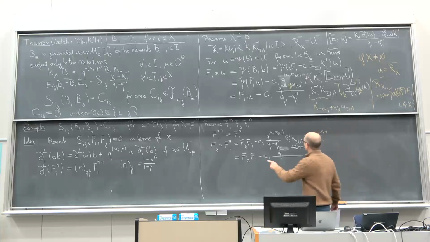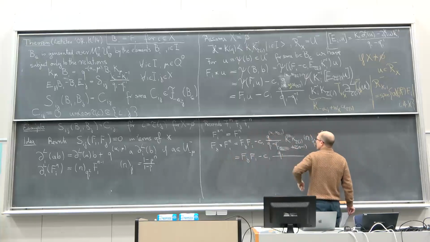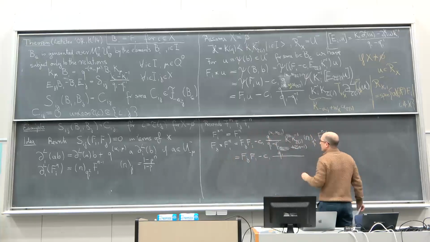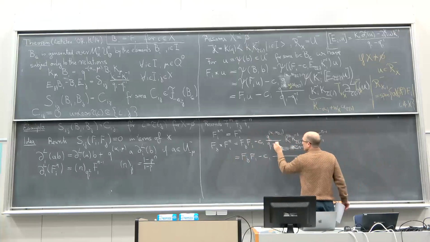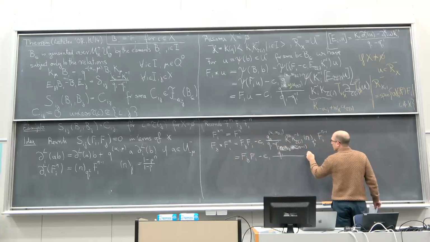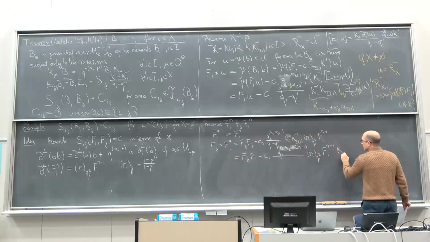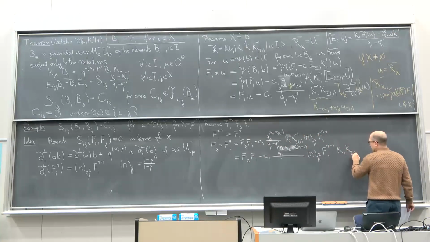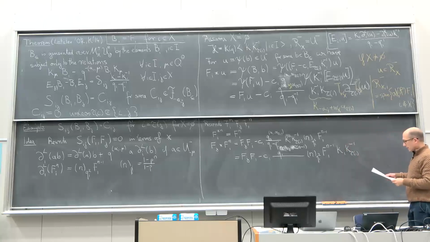So I've written this differently: the minus here was wrong. The minus goes there, and then I get a minus sign here, and I get an n times a_ij, like so. And then I have the n_{Q_i^2} F_i to the n minus 1 times K_i K tau of i to the minus 1. So that is one star product.